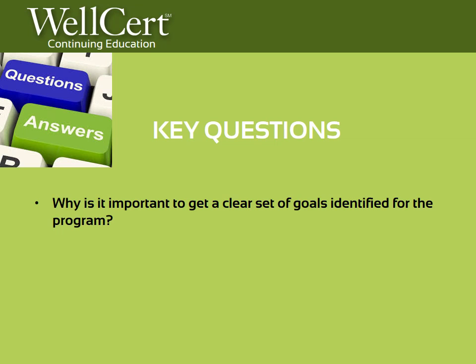And then a clear set of goals helps us aid the management of our program. So that actually helps me in making decisions about how I implement the program and execute it. And finally, it's important for the purposes of accountability. All of us need to be accountable to others. So our ability to make sure that our wellness program is accountable starts with a clear set of goals.